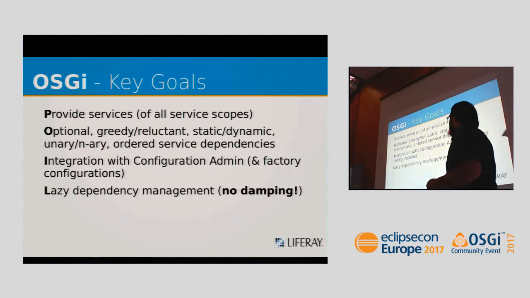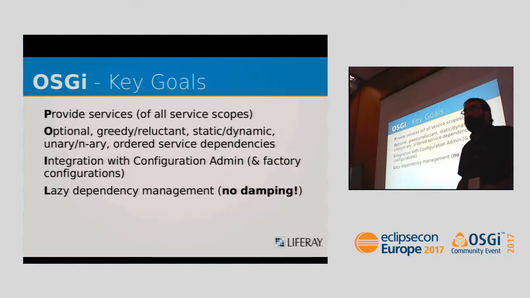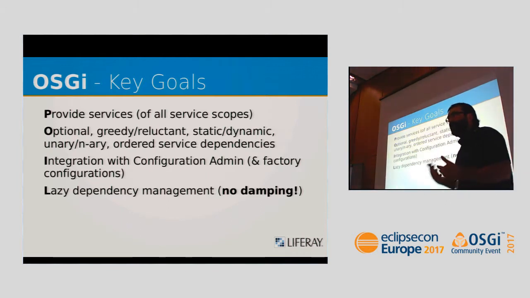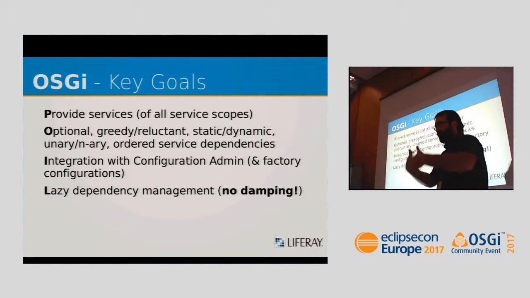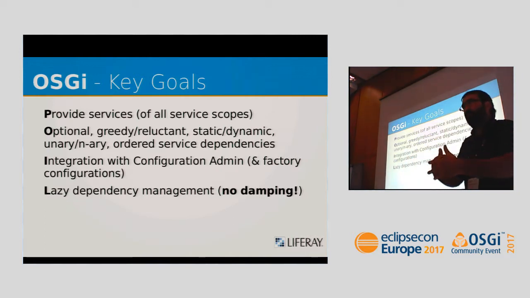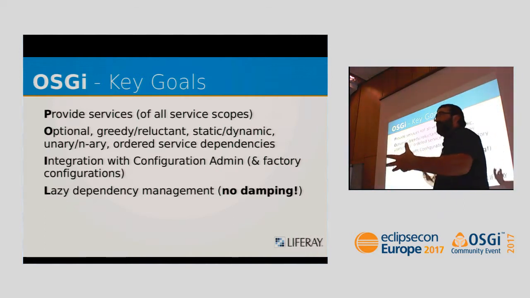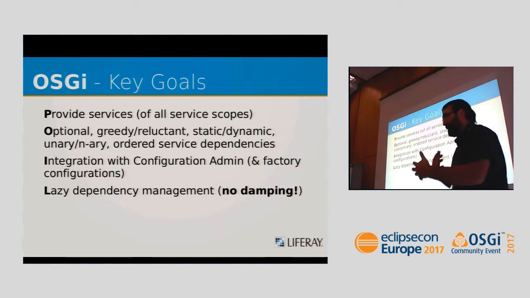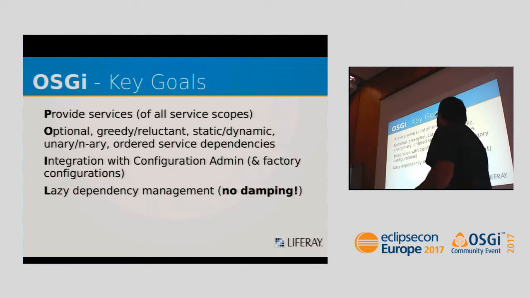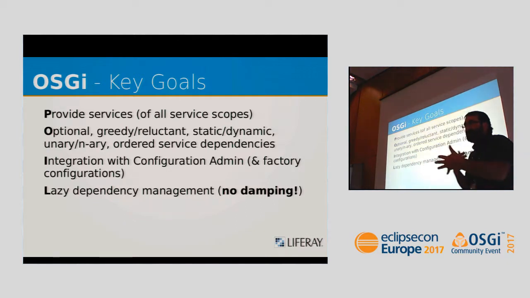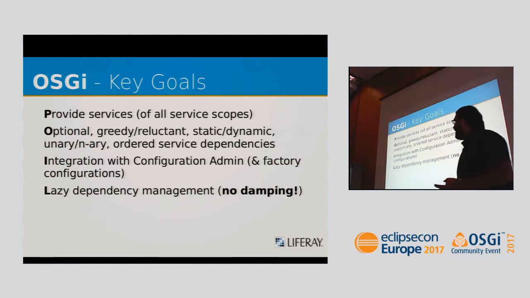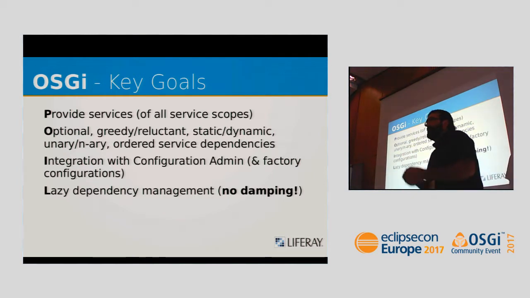And not only just configuration admin, but factory configuration, which is arguably a fairly complex thing to implement when you're trying to do an injection framework. How do you deal with that inside this dependency injection framework? It's a fairly complex merger of two worlds. And last but not least, we want to make sure that all of this dependency management is lazy.